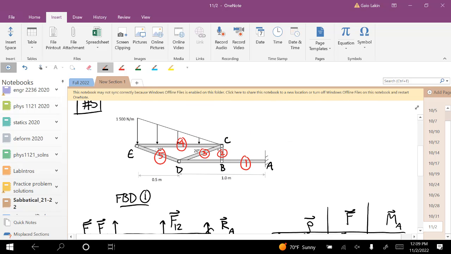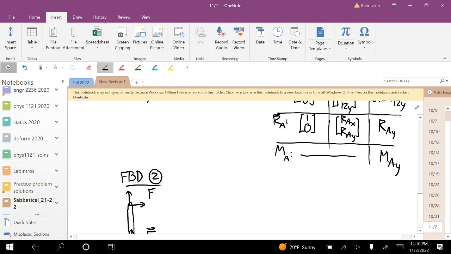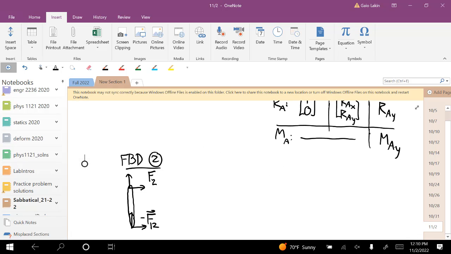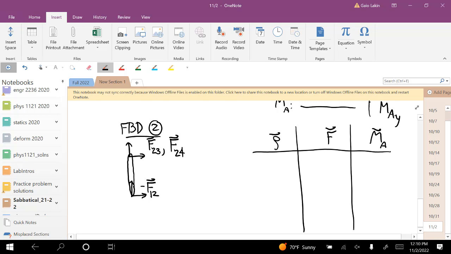And at the top, that's the lowest numbered member at joint C. So we should have forces from both of those. So F2, what is it? 3 and 4. So F2,3 and F2,4. And where is the about point for that? At the top? Okay.